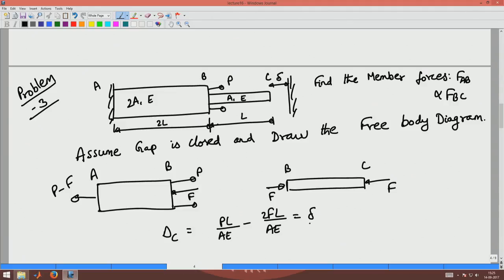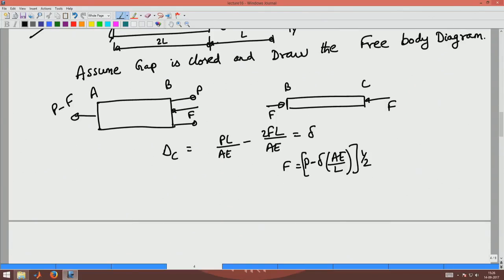So, you use this equation now to find what F is. F is delta AE by L, P minus delta AE by L, into 1 half. Okay. So, F is 1 half into P minus delta AE by L.